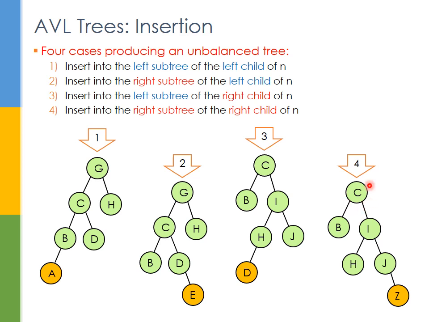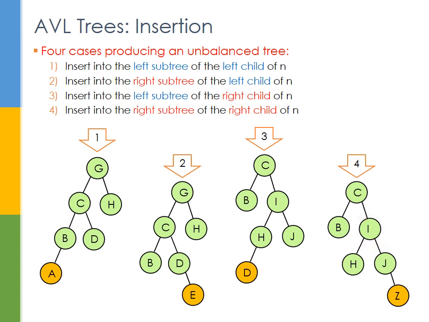However, node C will have an invalid balance factor, and again, this will be a balance factor of +2. What's important to note here again is that the insertion has occurred under the right child of the node that has become unbalanced, and it is occurring in the right subtree of this right child over here.